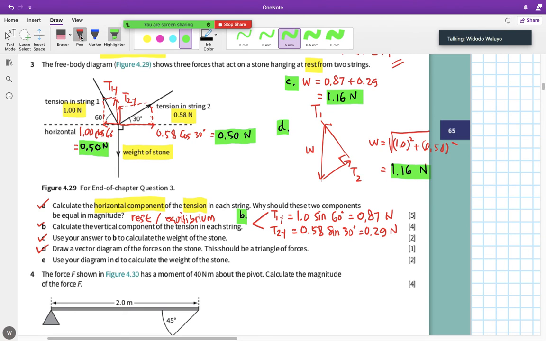So this is a different approach: the first one splits into x and y directions, but the second one uses Pythagoras. Okay, done.